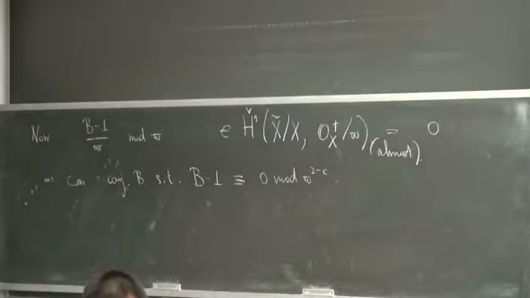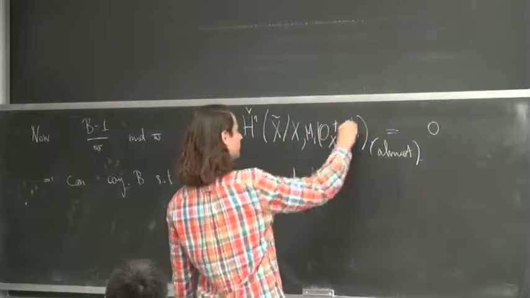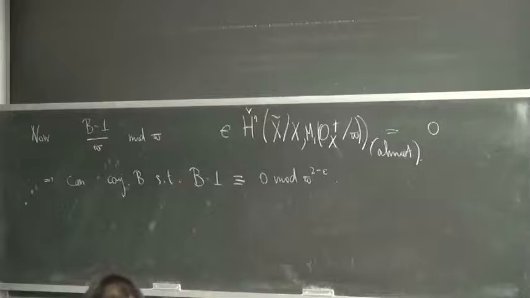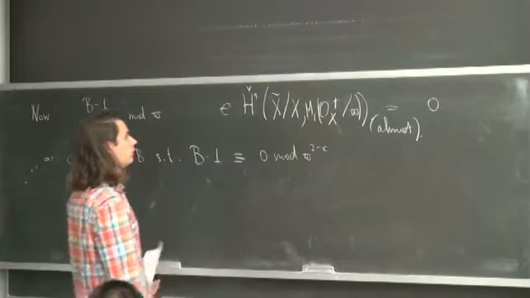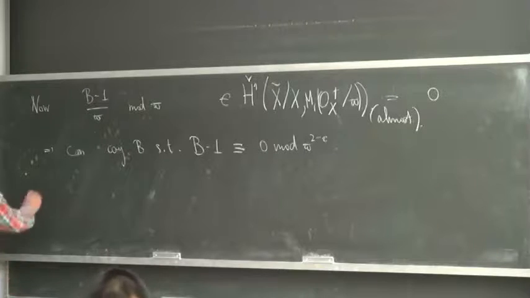H^1 here means matrices over R? Sorry, I guess I have to put M_R on this. Yes. And so this way we can increase this power of pi, and so then just continue.